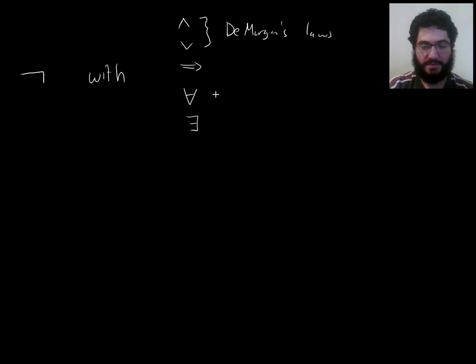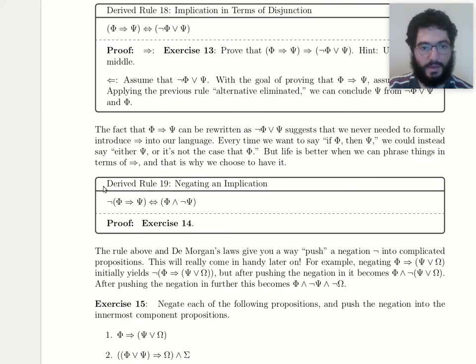And we just figured out also how to make negation interact with these two. That was the two rules, quantifiers and negation, which are also sometimes called De Morgan's laws. And negation and implication, that's over here. That was derived rule 19 here, negating an implication. So it's not the case that phi implies psi, if and only if both phi and not psi.